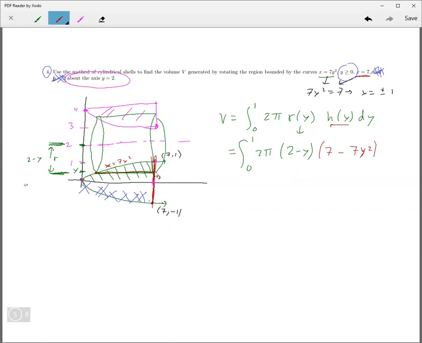Here x is 7. So 7 minus 7y squared will be the h. Now we need to multiply everything out, except maybe not the 2 pi. Let's just put the 2 pi all the way out front.